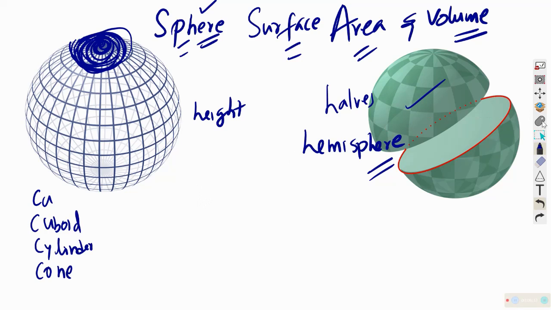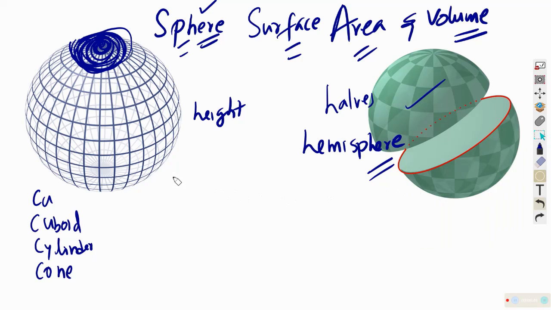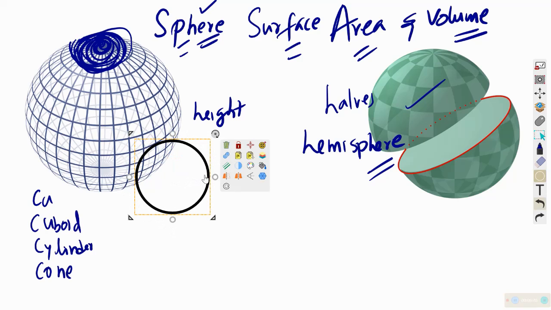Then the next thing is, you need to draw 4 circles of the radius equal to the cricket ball.